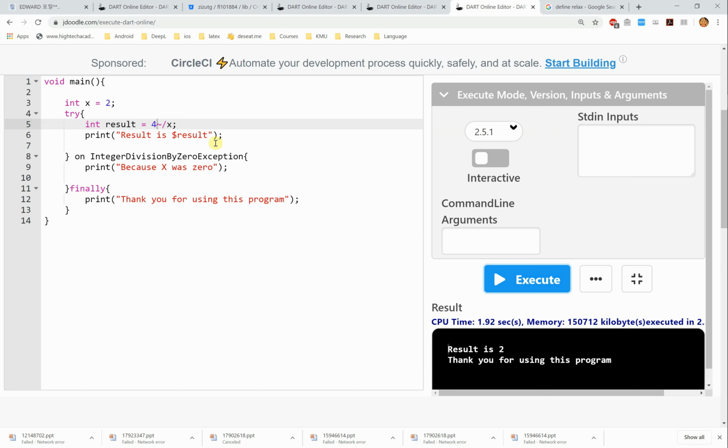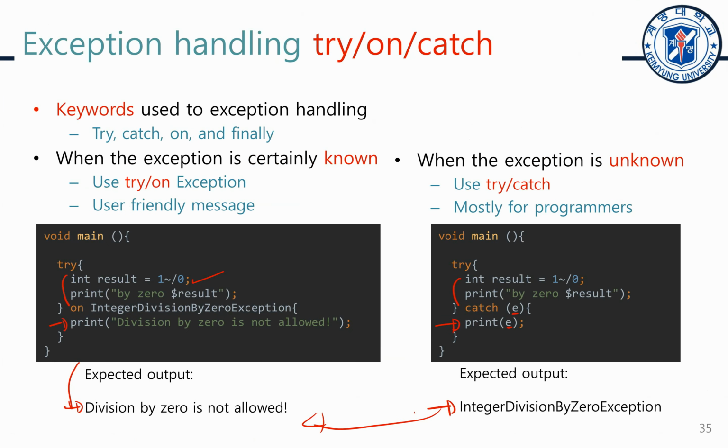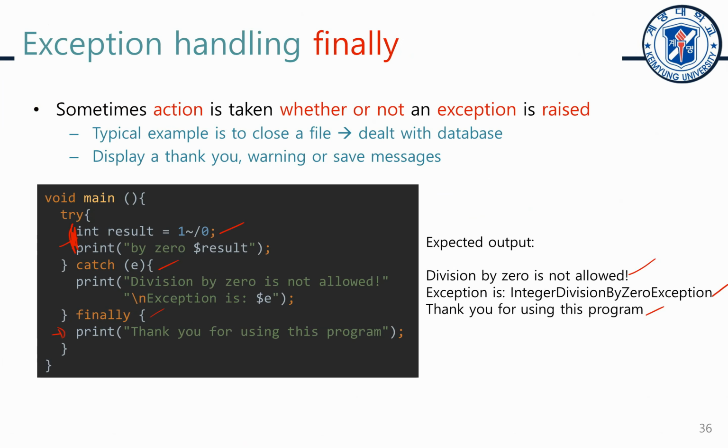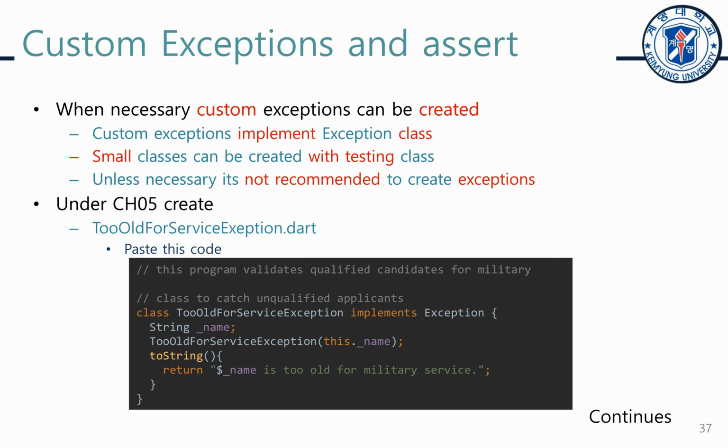So as long as x is not 0, you'll find the true result, and whether the program ended well or there is an exception, you will get the thank you message. This is how you use try catch, try catch finally, and other exceptions to make your program more efficient. This is actually called defensive programming.